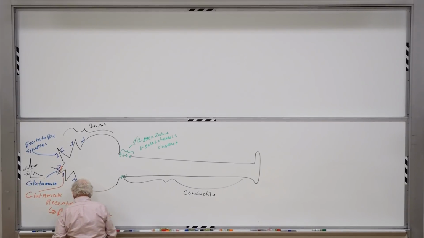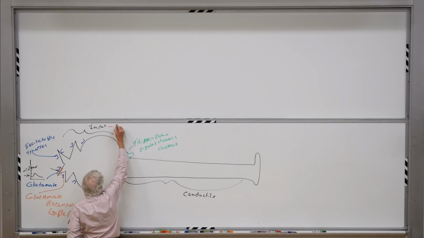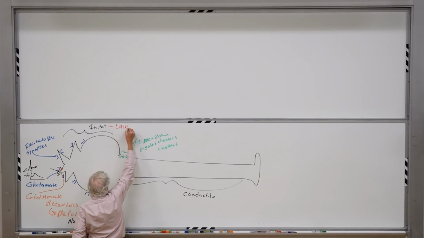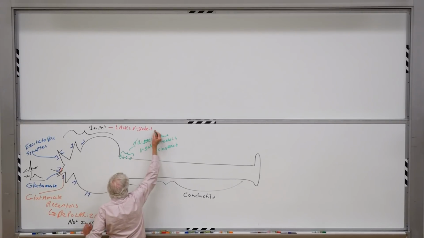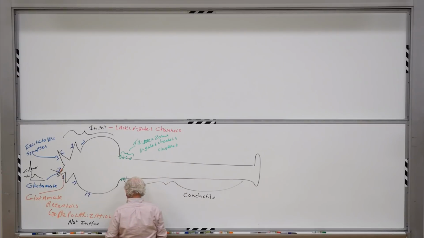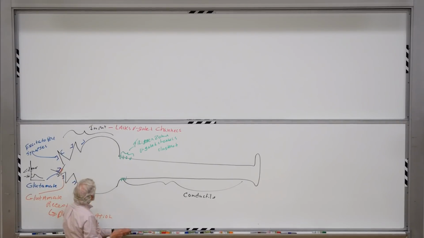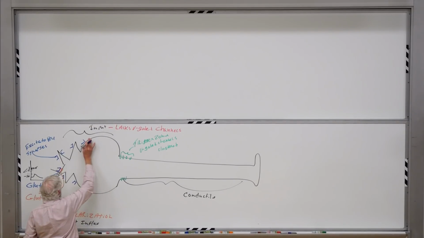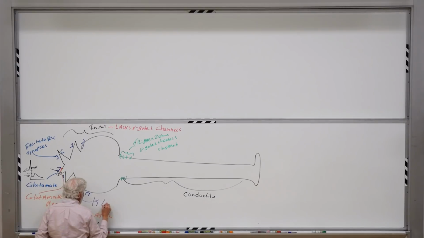Remember, one of the major concepts we drove home was the input region lacks voltage-gated channels. But what it doesn't lack, and this is true for all membranes, are these potassium leak channels.